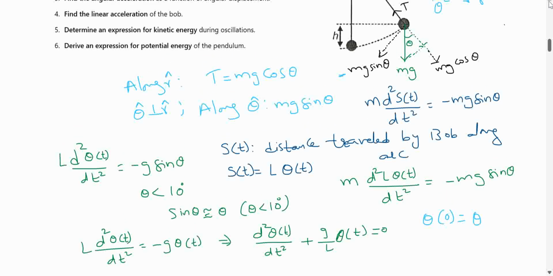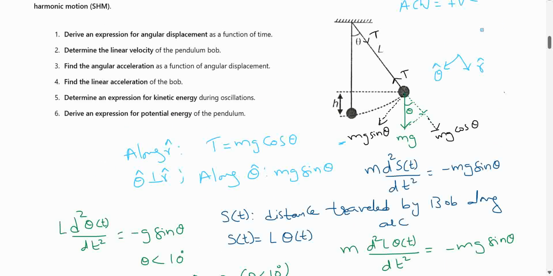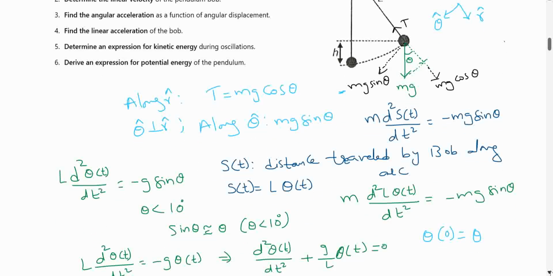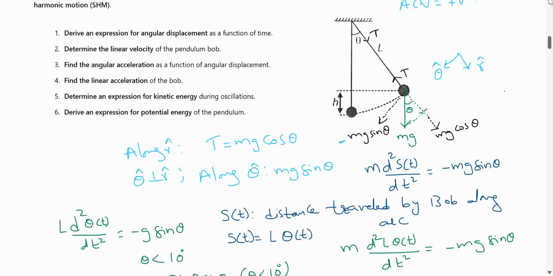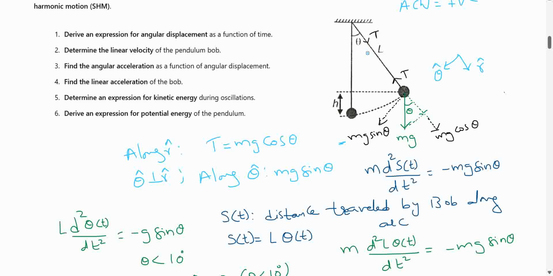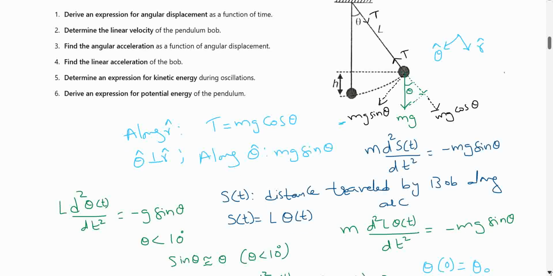Since we have used the same variable, let's consider that angle as theta naught. So the bob is moved such that the initial angle is theta naught, and then it is released.